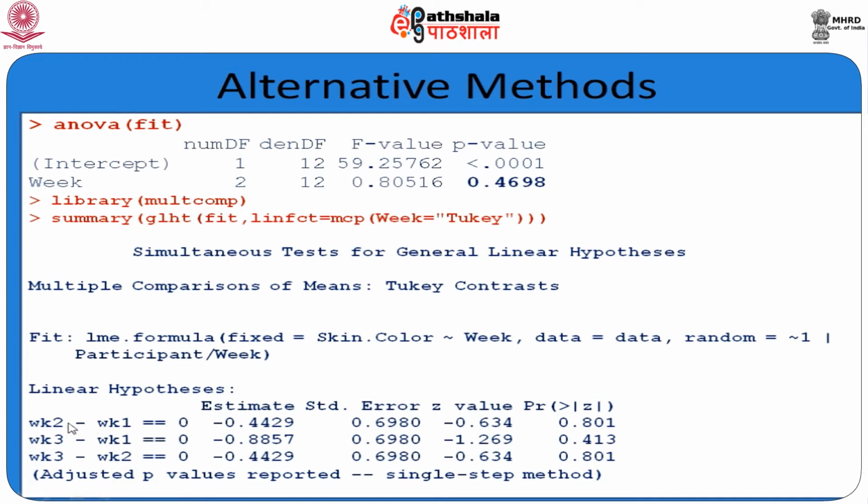This estimate means the difference between week 2 and week 1 in the skin color measurement, week 3 and week 1, week 3 and week 2. These are the estimates with their standard deviation and their corresponding p value. As I mentioned, as the ANOVA itself is insignificant, the multiple comparisons definitely show you insignificant results. So, I hope you'll be able to apply the Tukey HSD test in the context of a mixed effects model.